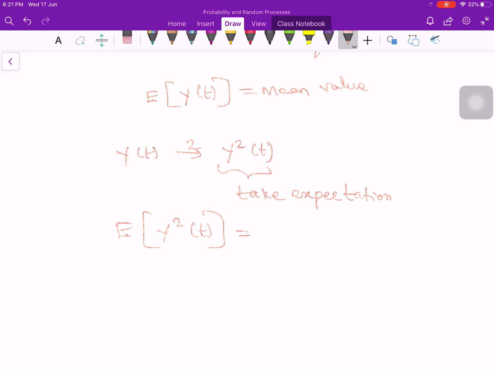So this is called the mean squared value of the output process. Sometimes people use mean square instead of mean squared, so the d will not come. Either way you can call it.